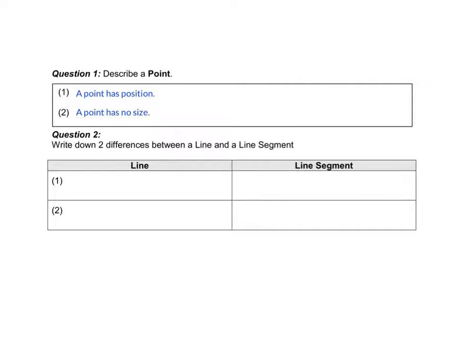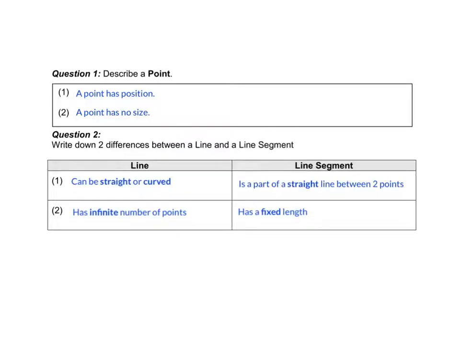Now, what is the difference between a line and a line segment? A line can be a continuous straight line, or a curved line. But a line segment is a straight line between two given points. On a line itself, there is an infinite number of points.